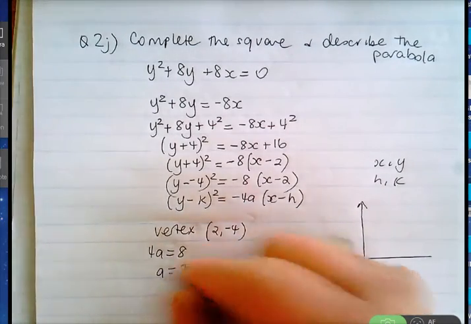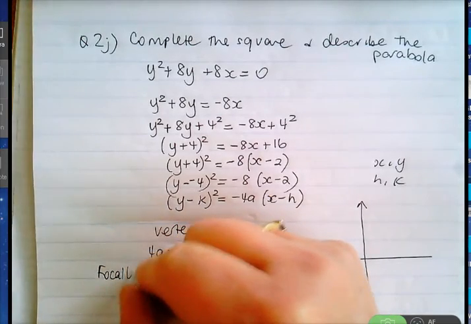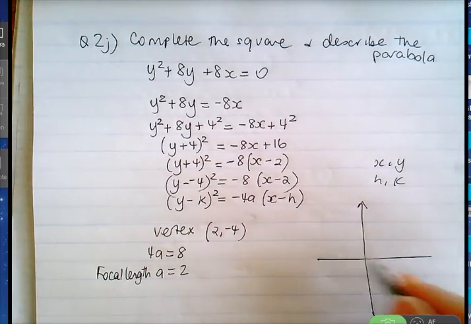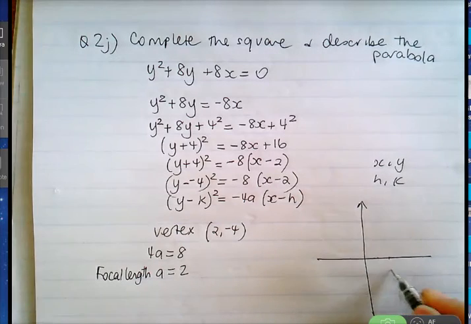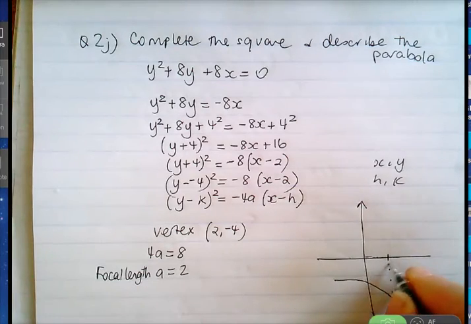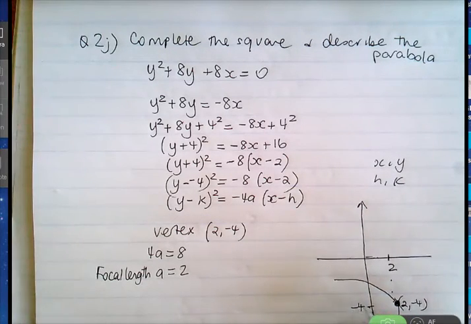So the focal length is 2. All right, which way does it turn? Turns to the left. The vertex is 2 across, negative 4. So 2 across, negative 4 down.